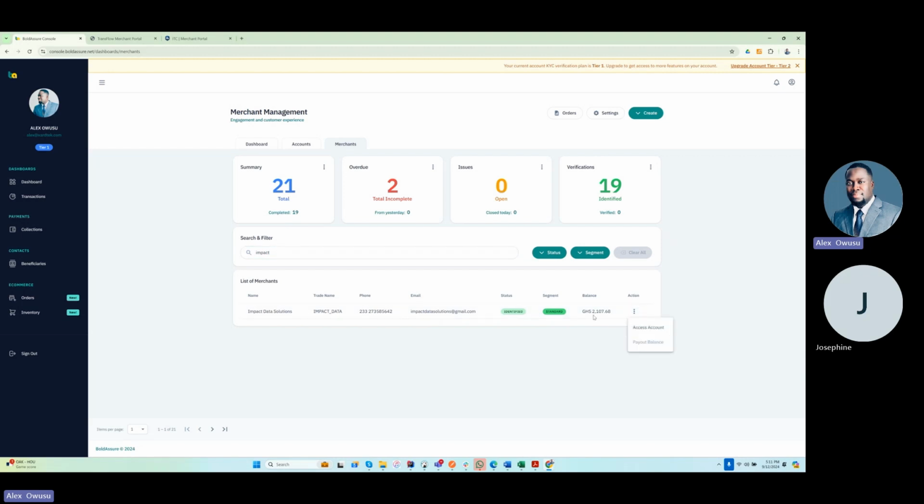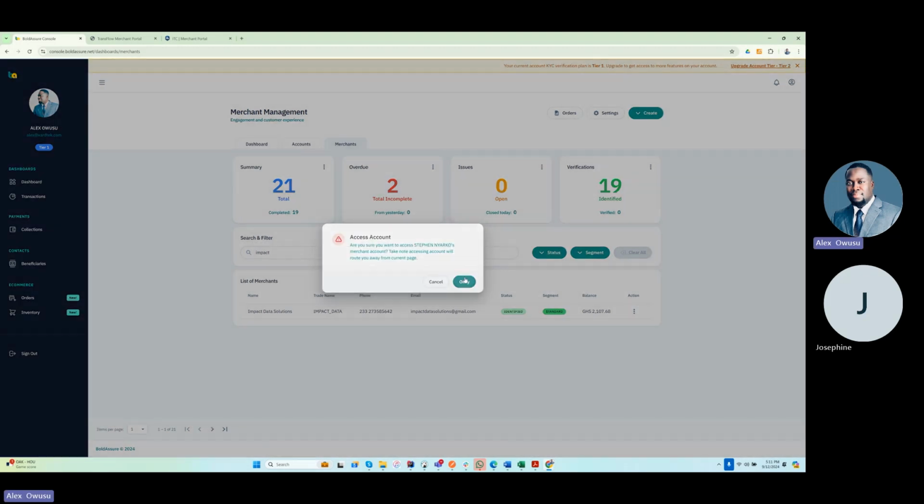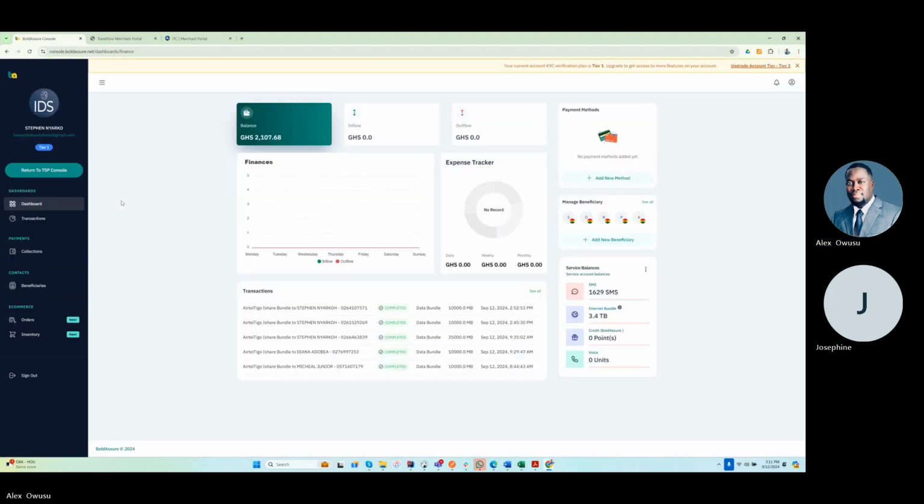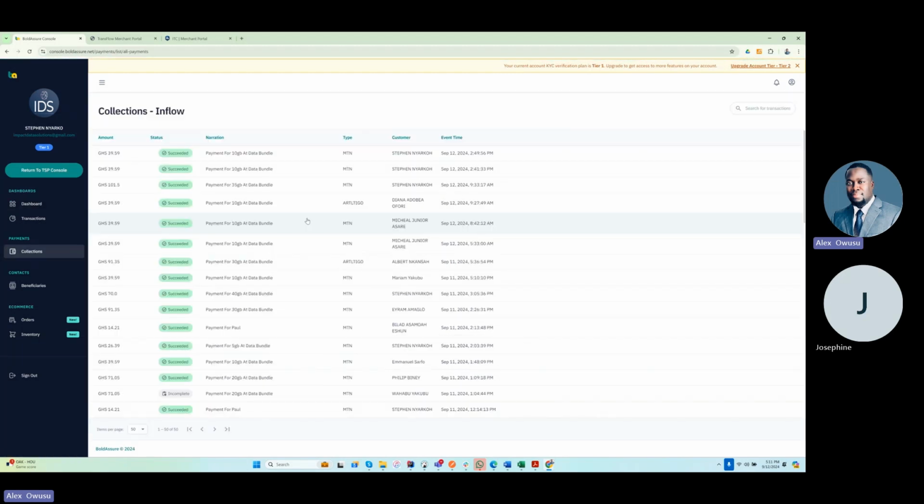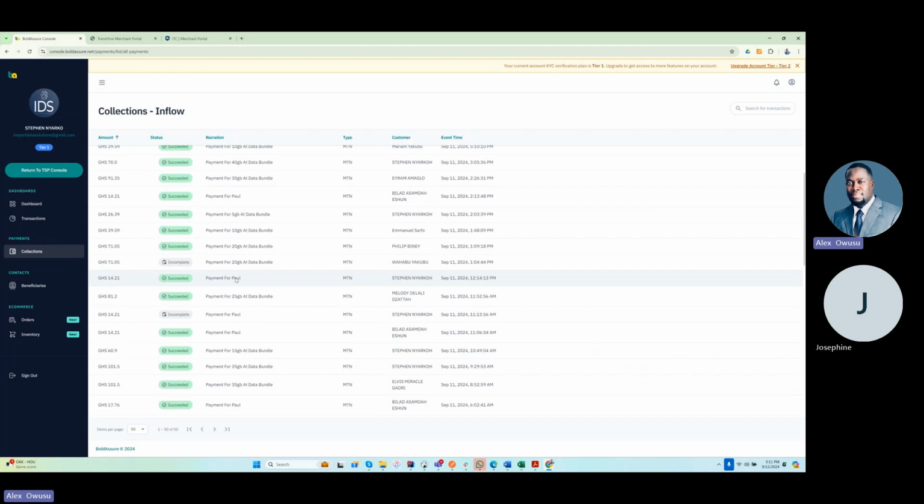This is their balance, 2107.68. I think when you did the calculation, it was about the same figure. Yes. But we'll have to do spot checks to make sure that, even if we look at this merchant's transactions for the week, after he paid all the things, so these are his transactions.